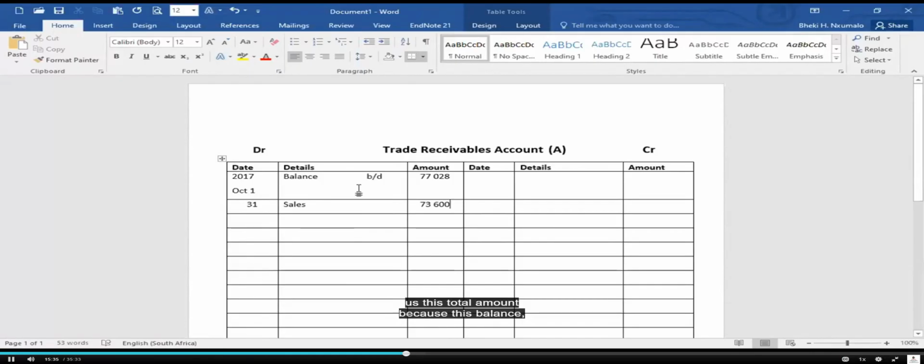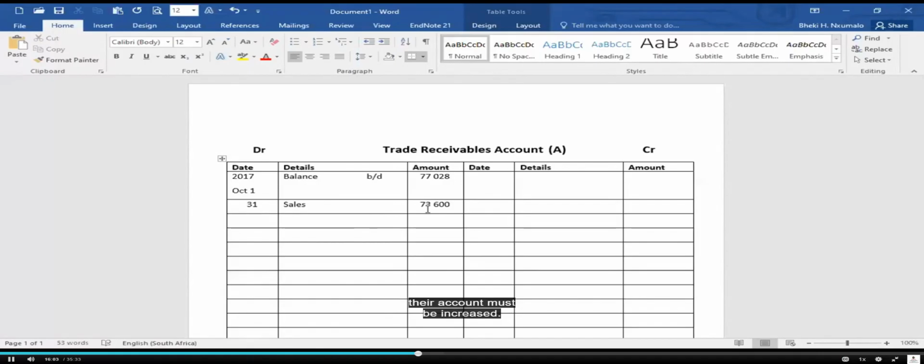It's an opening balance on the first day of October. So 77,028 is the balance they owe us from the previous month. But this month, they took a number of stock on account, on credit, and we charge them. We need to charge our debtors. Their account must be increased. They owe us more, 73,600.